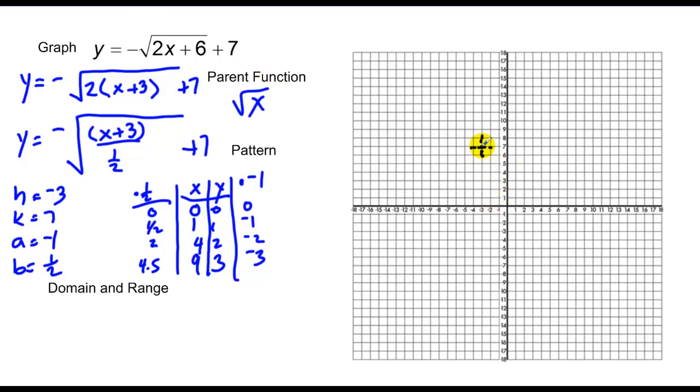Here's 0, 0. I'm going to move over a half now and down 1. I'll move over 2 and down 2, and then I'll move over 4.5 and down 3.